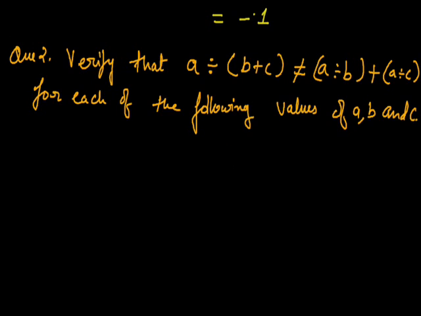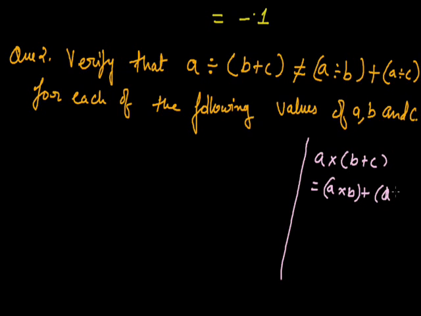We have studied the distributive property for multiplication, which was like this: A into (B plus C) is equal to A into B plus A into C. Here we have distributed A to B and C both. This was the distributive property, which was applicable in multiplication.